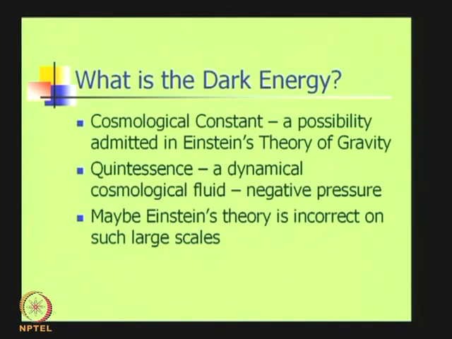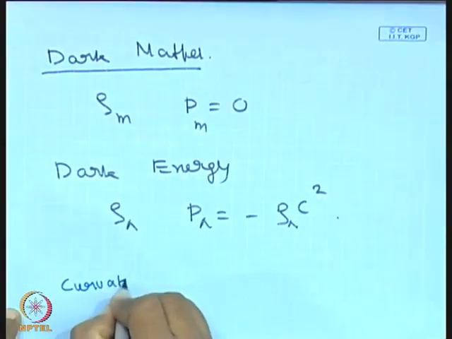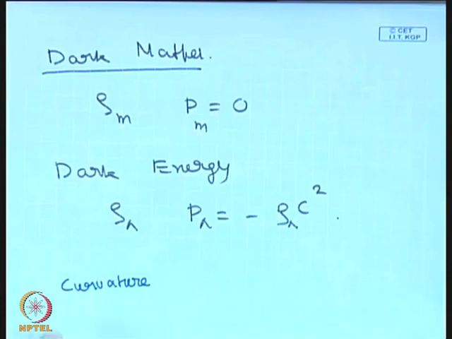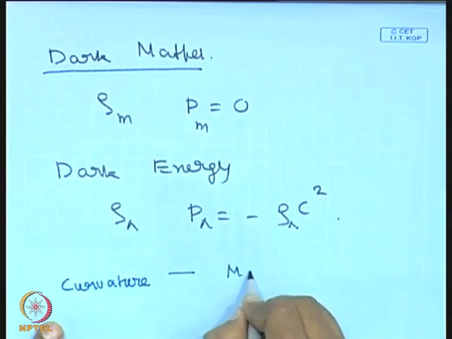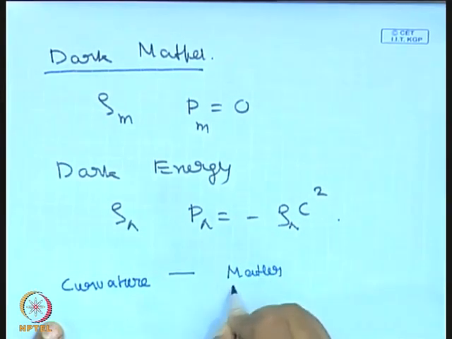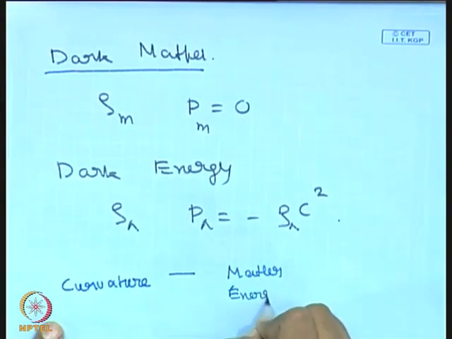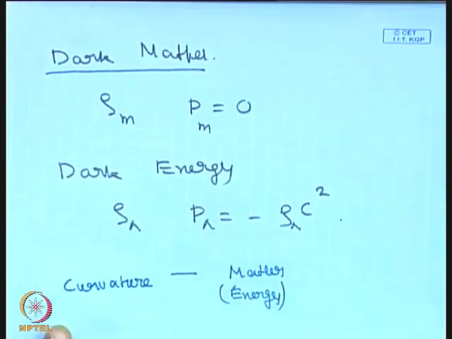In Einstein's theory of gravity, curvature of space time arises due to matter, energy basically. It is a relation between the curvature of space time and the matter energy density.